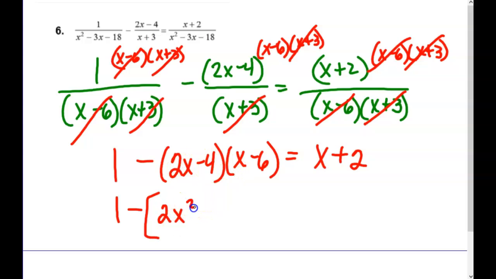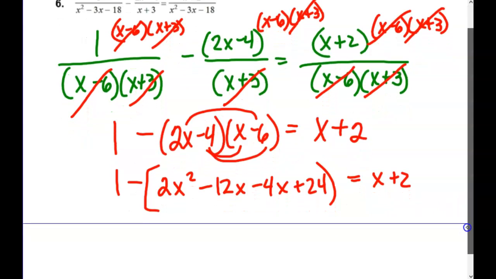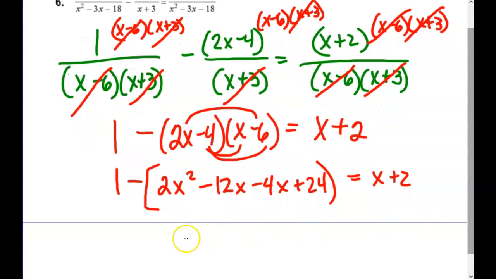1 minus, and I'm going to just FOIL this together and leave the minus out there, I guess. 2x times x would be 2x squared. 2x times a negative 6 will be negative 12x. Negative 4 times x will be negative 4x. Negative 4 times negative 6 is plus 24. Oh, I'm going to add these two together. And then I'm going to distribute the negatives.